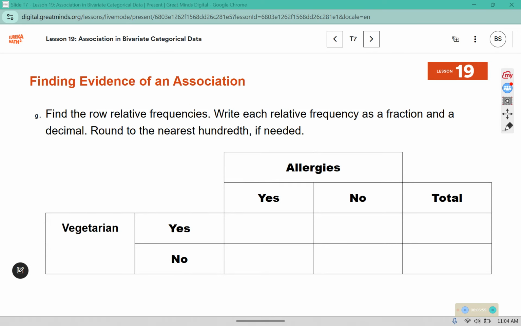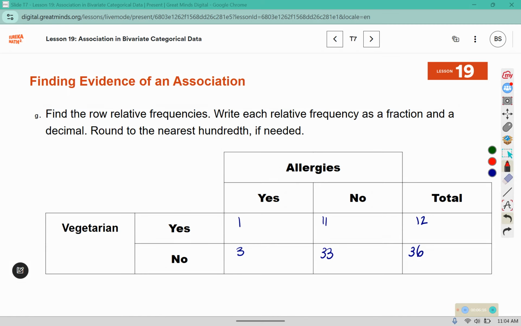G says find the row relative frequencies. Write each relative frequency as a fraction and a decimal. Round to the nearest hundredth if needed. A row relative frequency is going to be compared to the row totals. These were our frequencies.